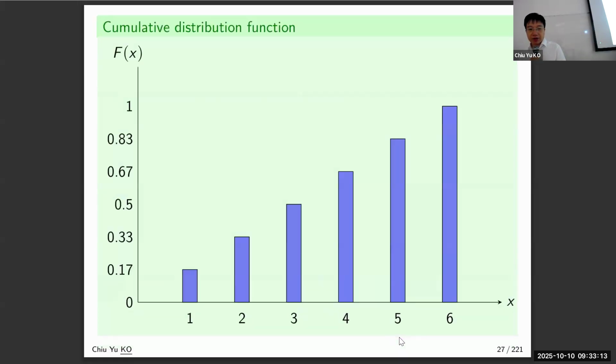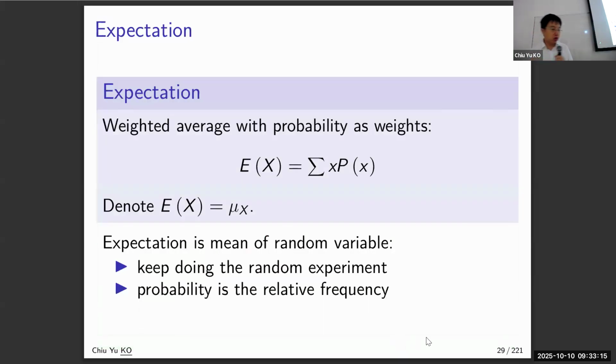After that, we learned two ways to summarize P, because P is complicated. That is expectation, which essentially is the mean. If you repeat this experiment many times, you get all the outcomes, and you convert all the outcomes to numbers through the random variable.